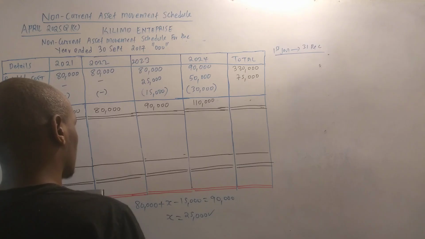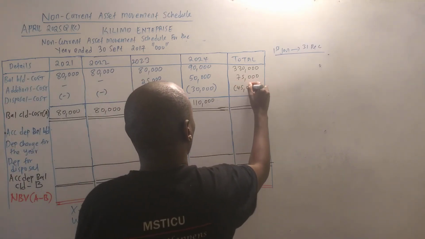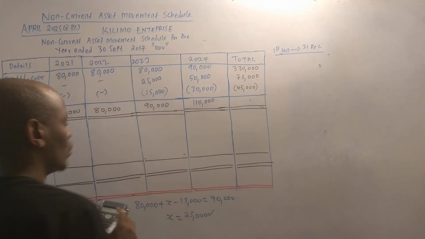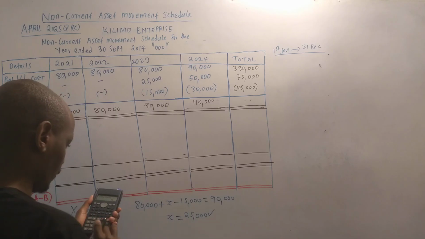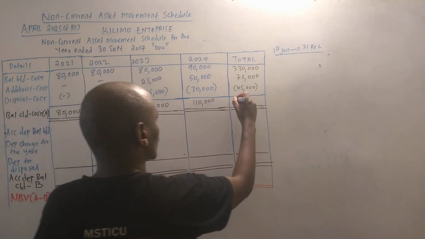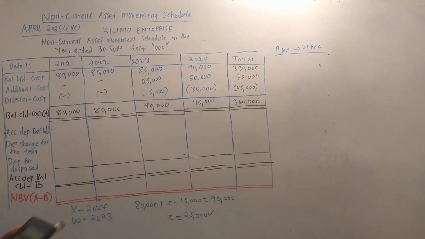Then 15 plus 30 is minus 45. Then total, 330 plus 75 minus 45 will be equal to 360,000. Can confirm: 80 plus 80 plus 90 plus 110.